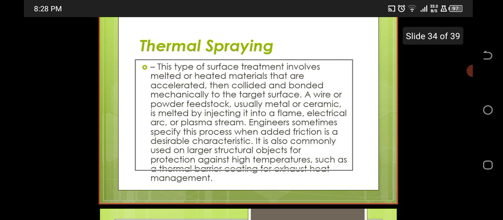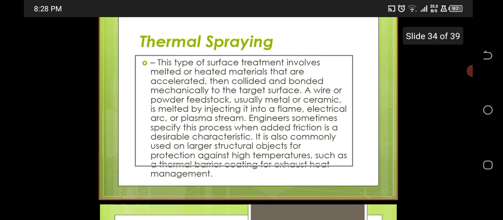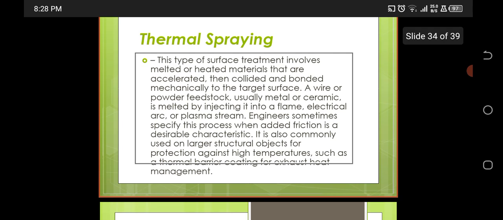Okay, here we have thermal spraying. It means we spray something by heating so that it can easily attach to the target material and perform its function as an anti-corrosion agent or anti-corrosion coating.